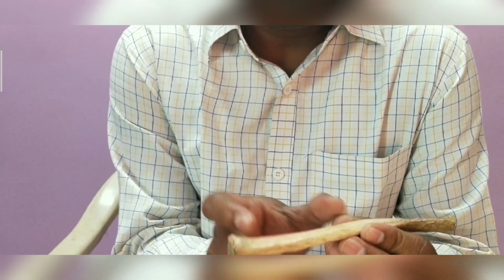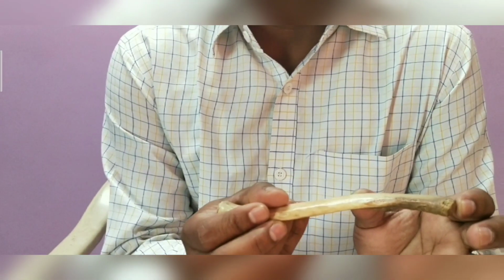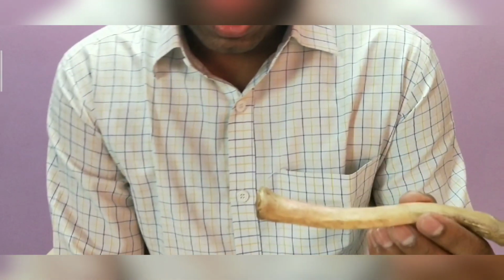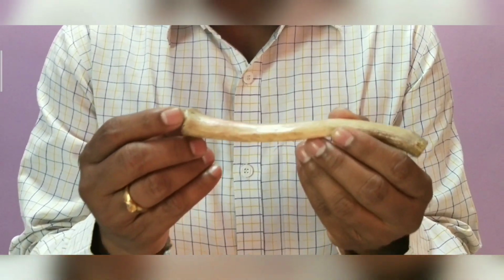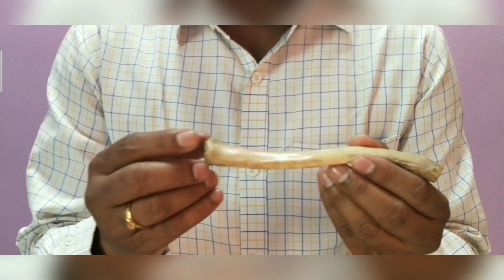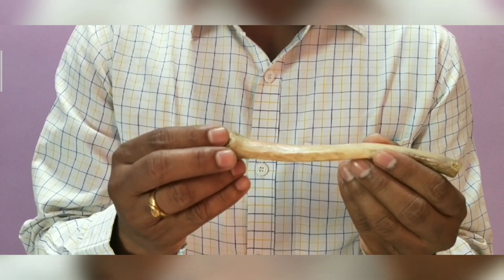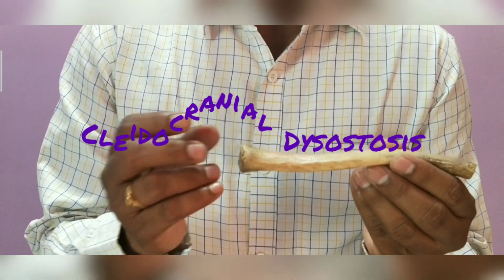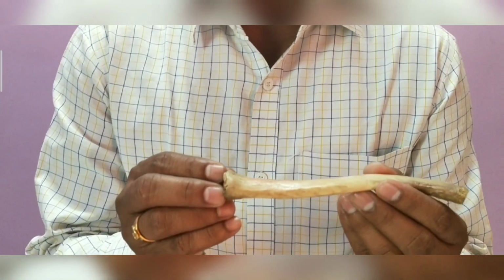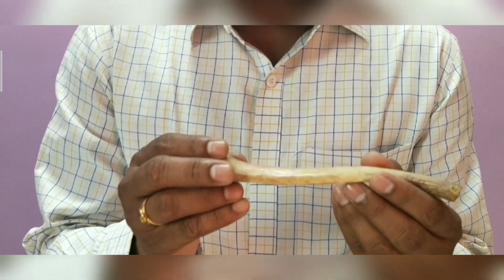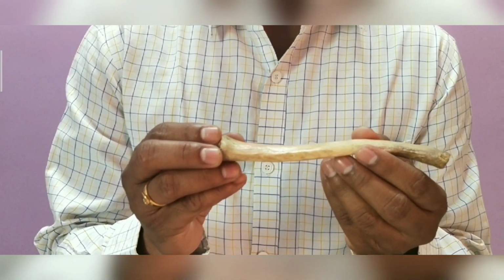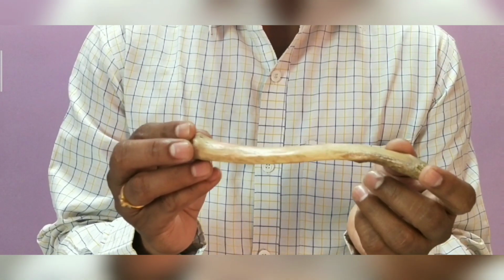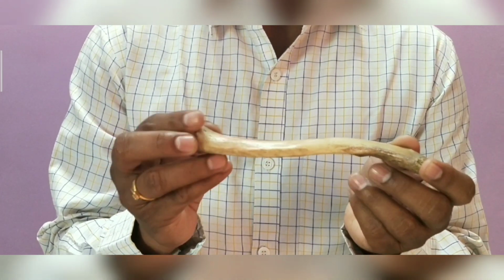Next, the clavicle may be congenitally absent or imperfectly developed, a condition known as cleidocranial dysostosis, in which the shoulder is drooping. So these are the clinical anatomy points of the clavicle.